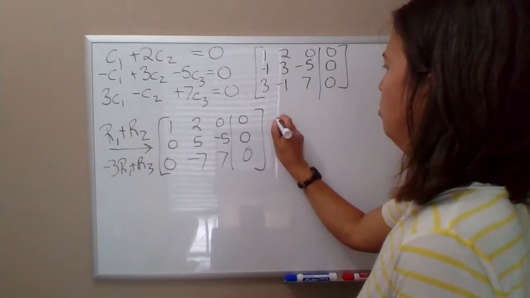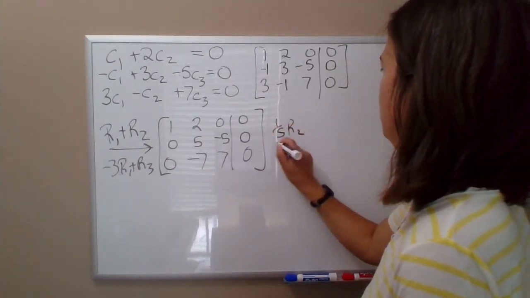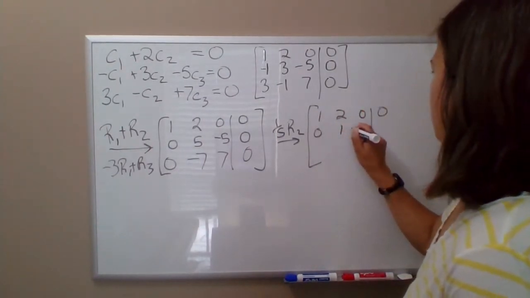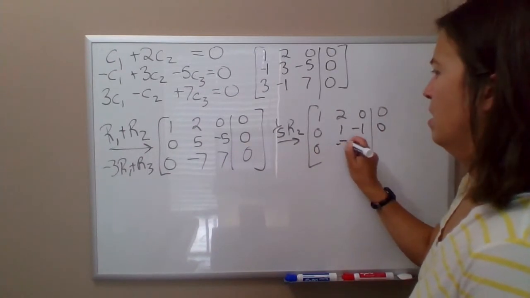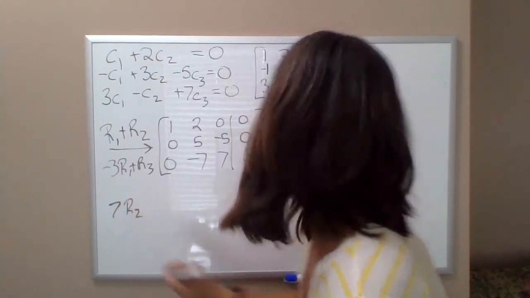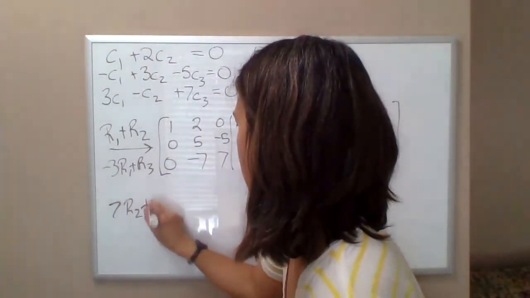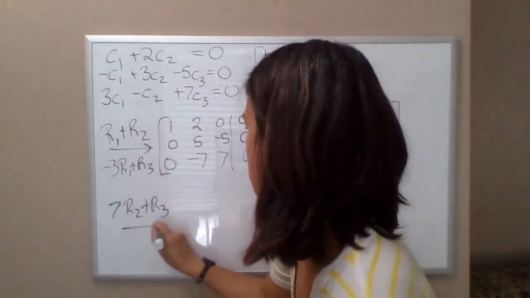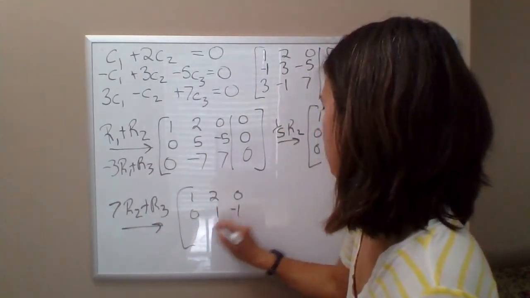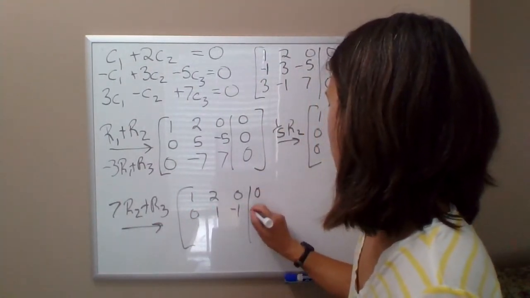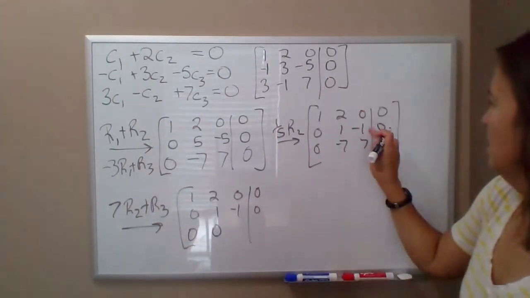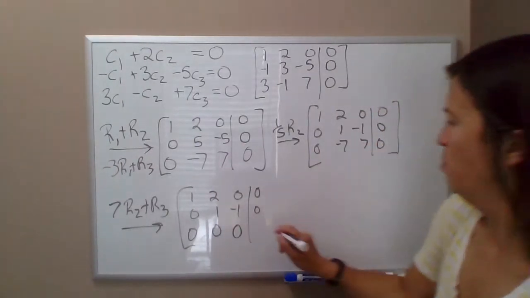Okay, so now if we do 1/5 times row 2, we get that. And then if we do 7 row 2 plus row 3, to get a 0 in this position here, that will give us 0 plus 0, 7 plus -7, -7 plus 7, and 0 plus 0.